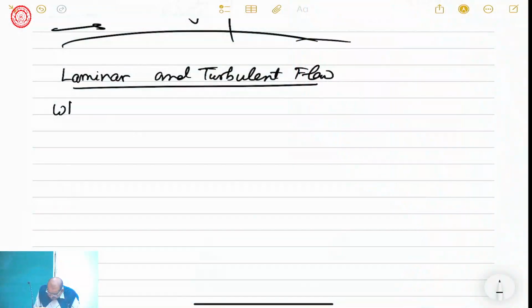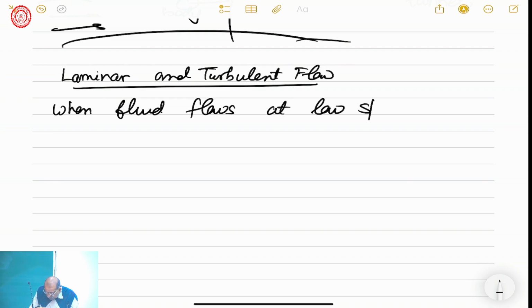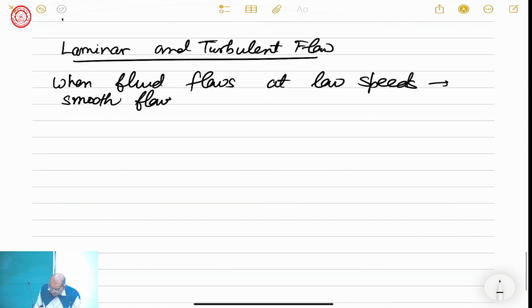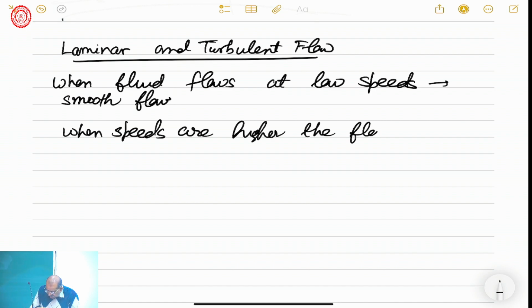Typically what we find is when fluid flows at low speeds, then the flow is smooth. But when speeds are higher, the flow becomes turbulent.